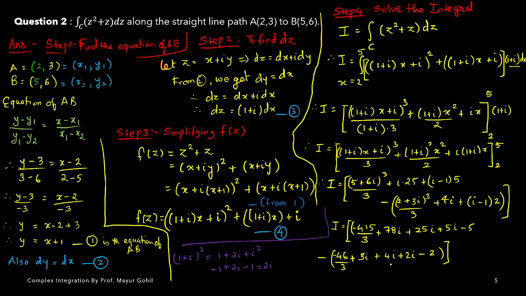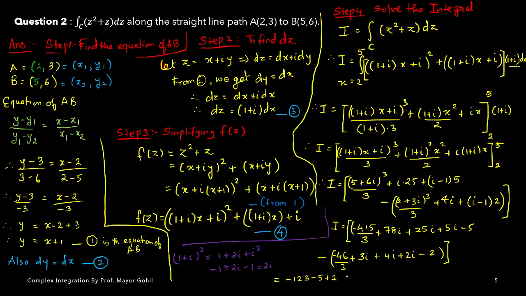That will give you minus of 123, and then there is minus of 5 and plus of 2. So you have minus 123, and then there is minus of 5 plus 2.